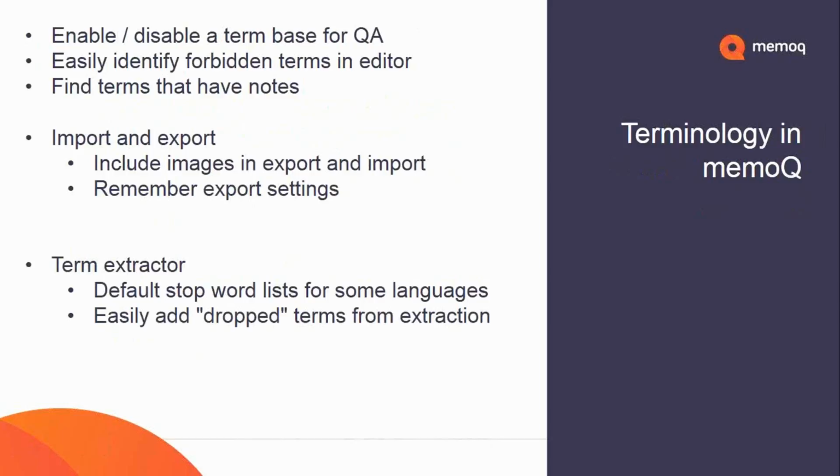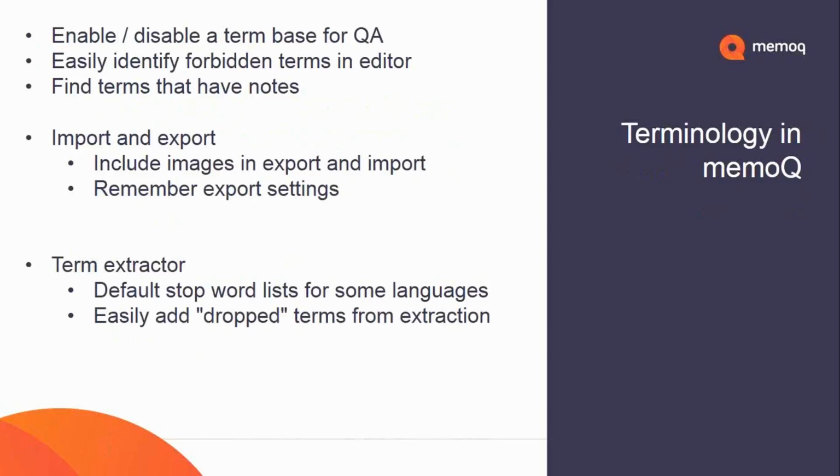And when it gets to running a quality check, or especially running a quality check for your client or customer, you can differentiate this and say that the prescribed terminology will be used in QA, and for your working terminology, QA can skip those.